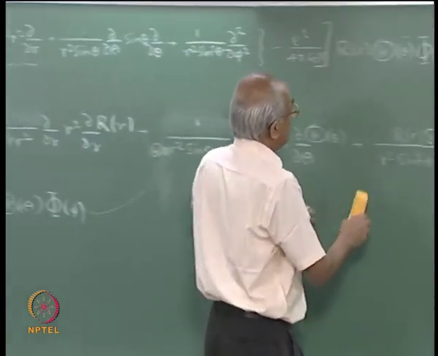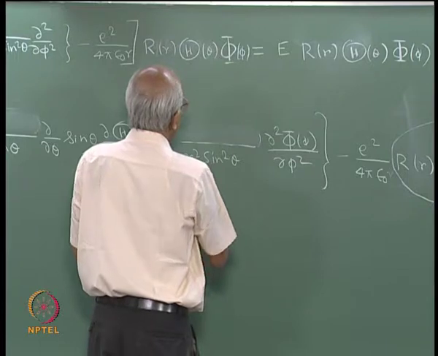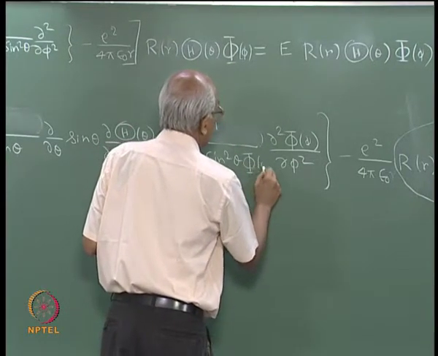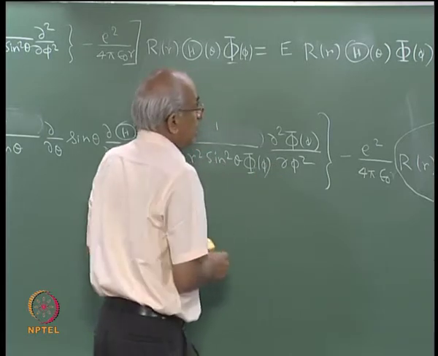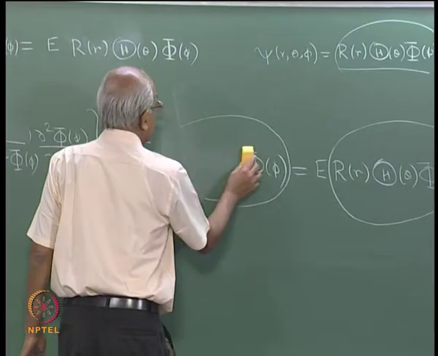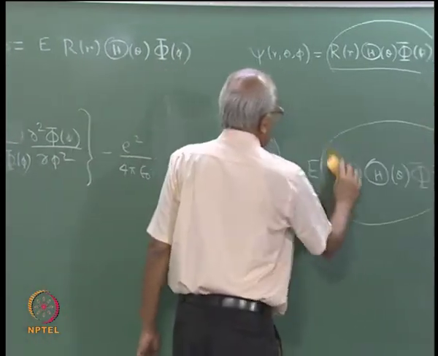And what about this one? Capital R and capital theta will go, you will have 1 by capital phi of phi. Capital R into capital theta into capital phi, I already told you this will disappear, and this also will disappear.